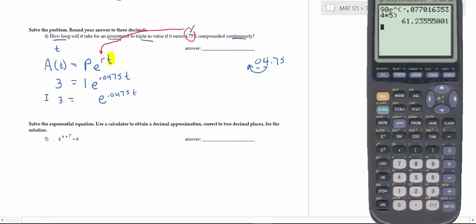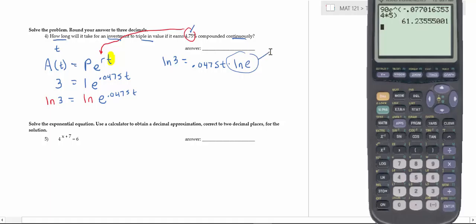Then you can take a logarithm of both sides. So we're going to do the natural log of both sides. And what we're going to end up with is ln 3. And then again, remember, you can move this exponent down in front. I'm going to erase this thing right here. So we can move the exponent in front to get 0.0475t times ln e. And then we can solve this equation for t.